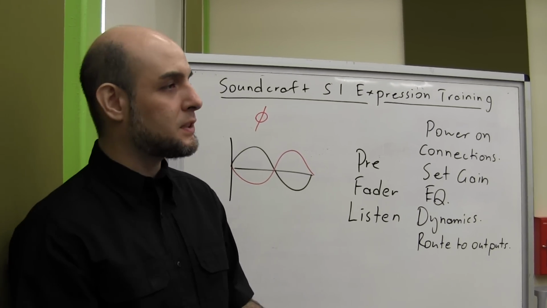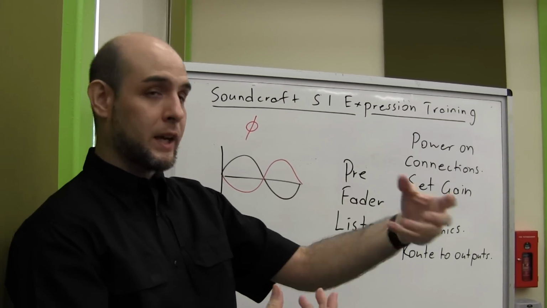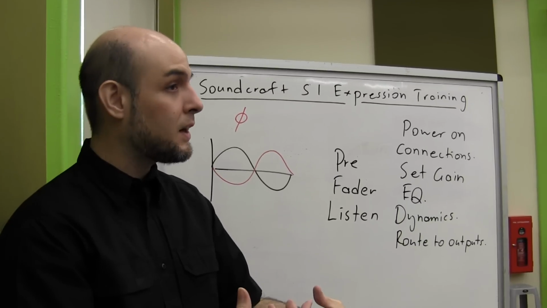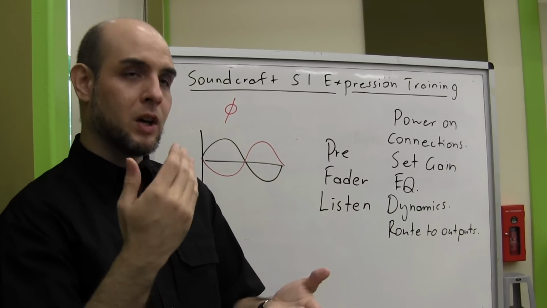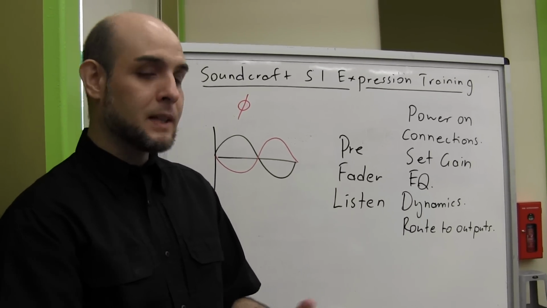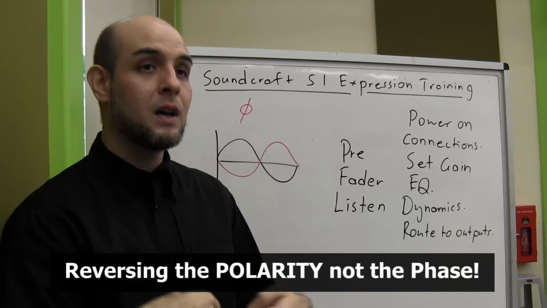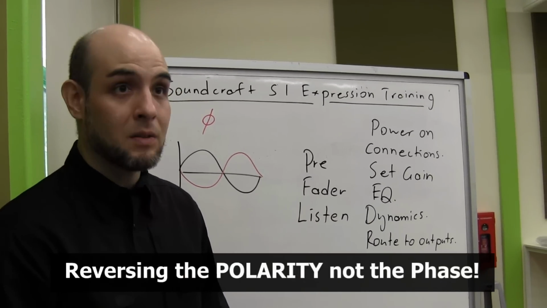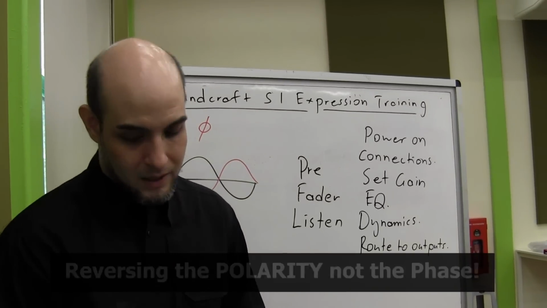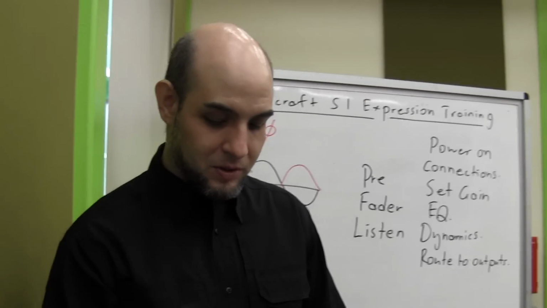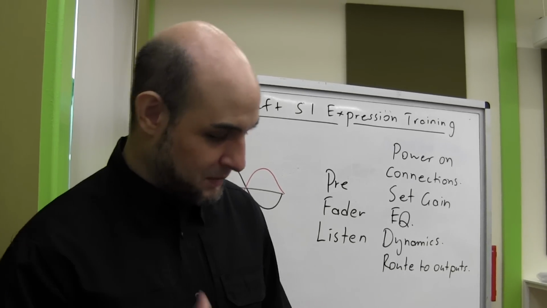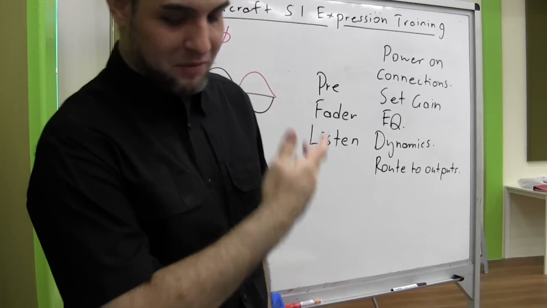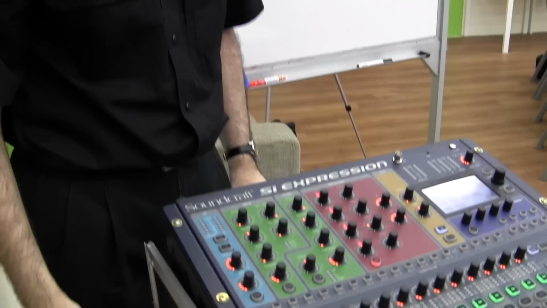Good examples are snare top and bottom, or kick drum inside and outside, or acoustic guitar where you've got a pickup and a microphone. Sometimes reversing the phase of one of them makes things sound better. But in general, it's nice to fiddle with when you've got nothing better to do, all right? Preacher's gone 45 minutes and it's like, yeah.